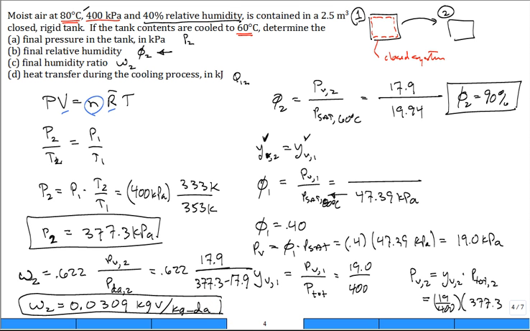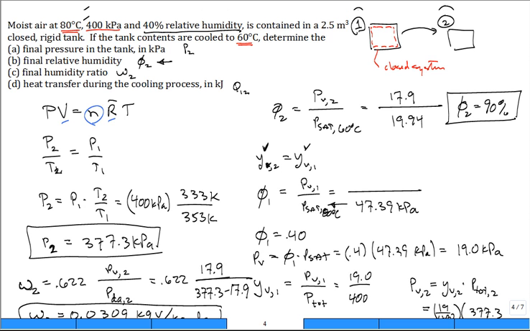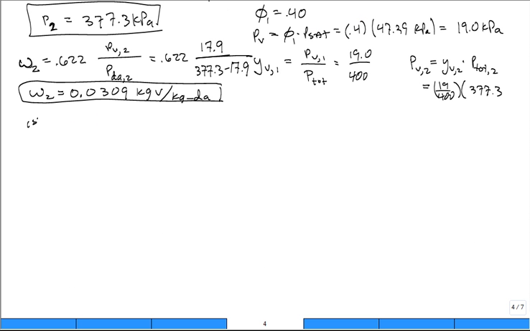Now, part D. What is the heat transfer during the cooling process? And I need more room, don't I? So, if you allow me, I'm going to scoot down and write a first law for this control closed mass, this system. So if I write the first law, and we'll put Q1 to 2 into the system, minus work 1 to 2 out, equal to U final minus U initial.